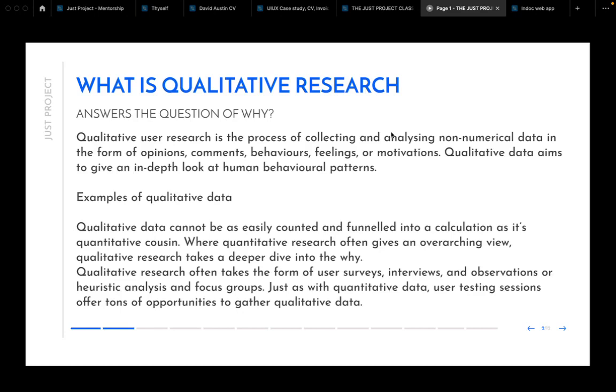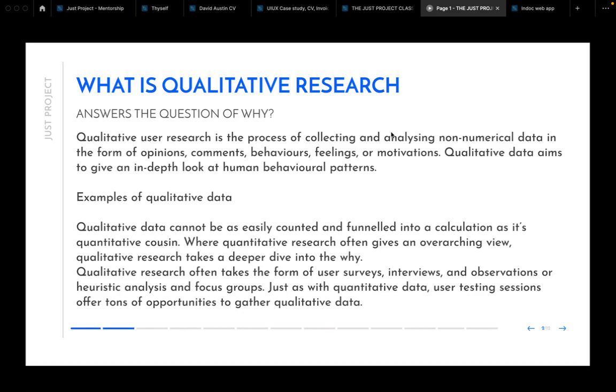You will find out why this company is not making sales. So you conduct research based on this problem. Basically, as a UX researcher, you are solving problems, either a digital problem or a physical problem. Those are the different ways you can solve problems. So that's quantitative research.